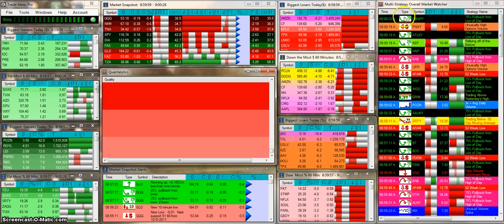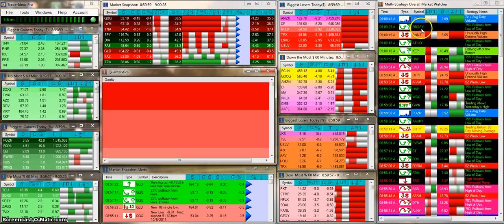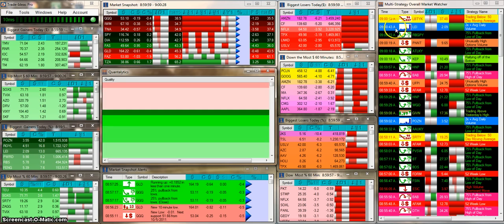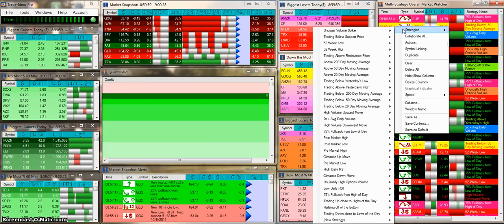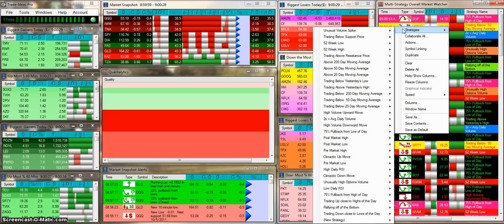So on the right, I've got a stock specific multi-strategy window where you can see the messages and the various combined strategies that I'm looking at. See, these are all strategies that I'm looking at in one window.